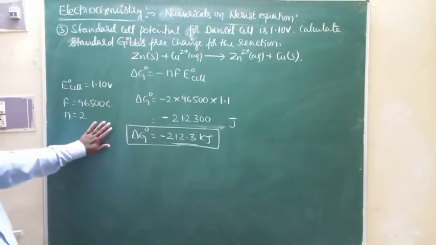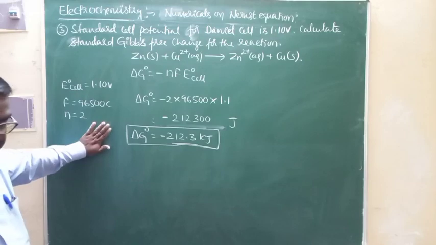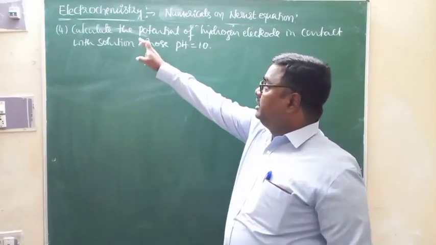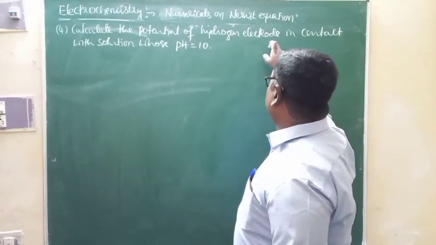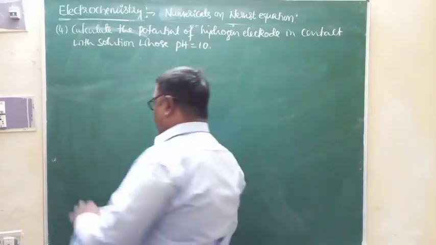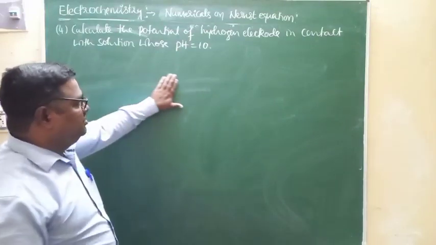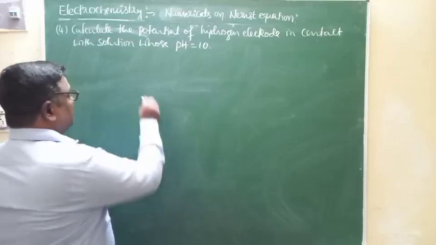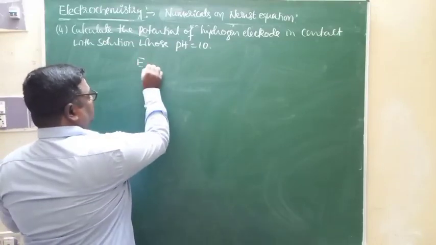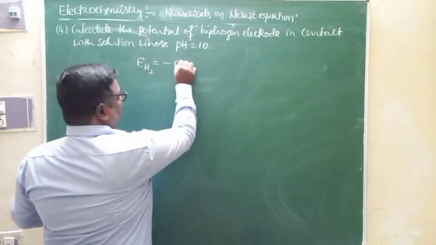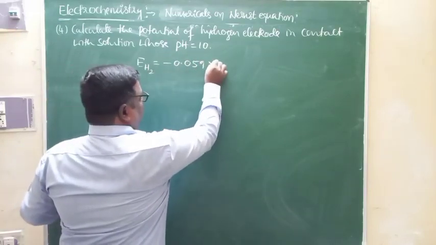Now we'll take up the fourth problem. Now let us see problem number 4. Calculate the potential of hydrogen electrode in contact with solution whose pH is 10. For hydrogen electrode, I already gave the relationship between electrode potential and pH of a solution. I gave it as E of hydrogen electrode is equal to minus 0.059 into pH.